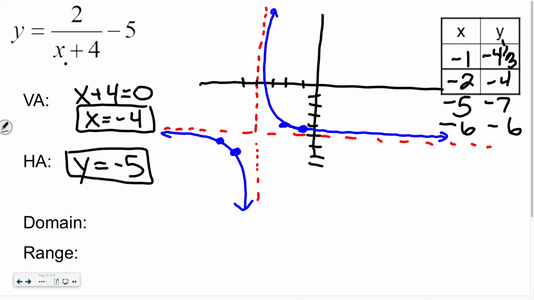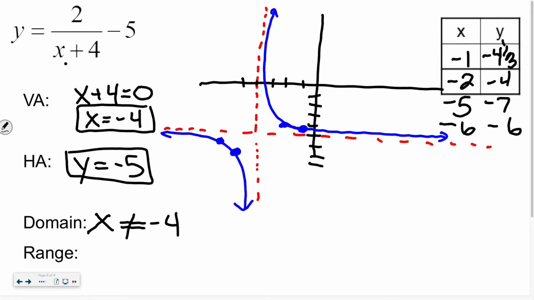You got your branches. What would we say for domain? X's that are not equal to -4.